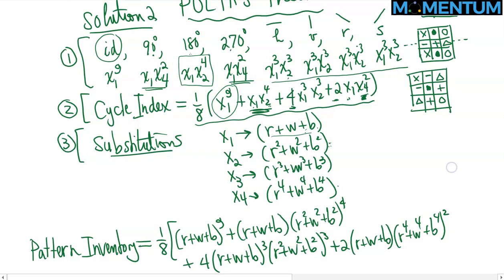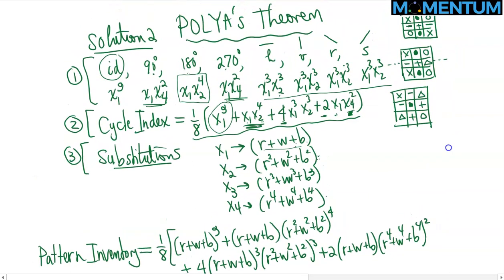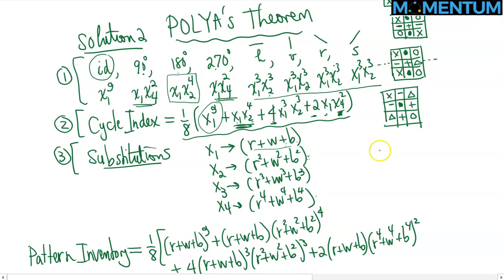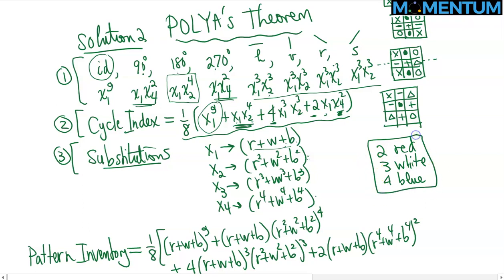Now, in order to finish the count, we have a certain restriction, right? The restriction that we have is 2 red, 3 white, and 4 blue balls, or squares, I should say.